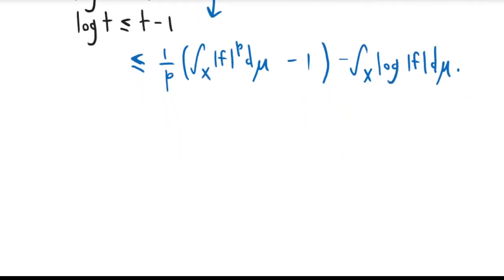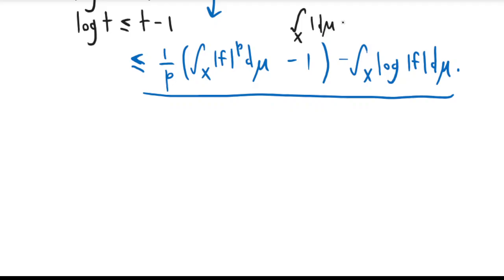Okay, so everything we've done so far, we've basically just reduced the problem to showing that this expression right here converges to 0. And this is equivalent to the original thing that we were trying to show. Great. And here we want to use that the measure of the space is equal to 1, because 1 is equal to the integral over the whole space of 1 d mu, right? This is equal to 1.